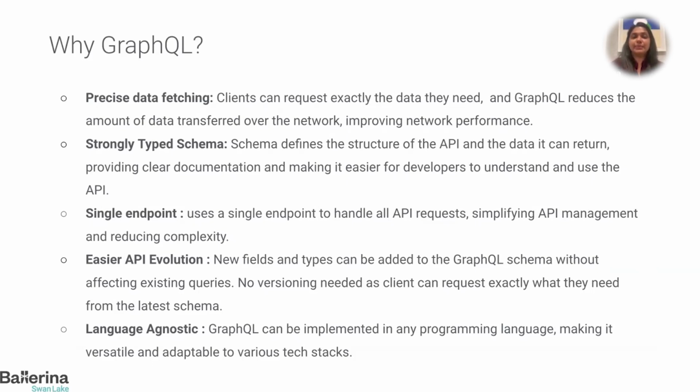It has a strongly typed schema, and the schema has a specification, and it defines exactly the structure of the API, what data it can return, the types of the data, whether data can be null. Likewise, it can define all these things related to the data. So that's a huge value addition because then the client will not get surprised with the data that they are getting. It is adhering to the right schema.